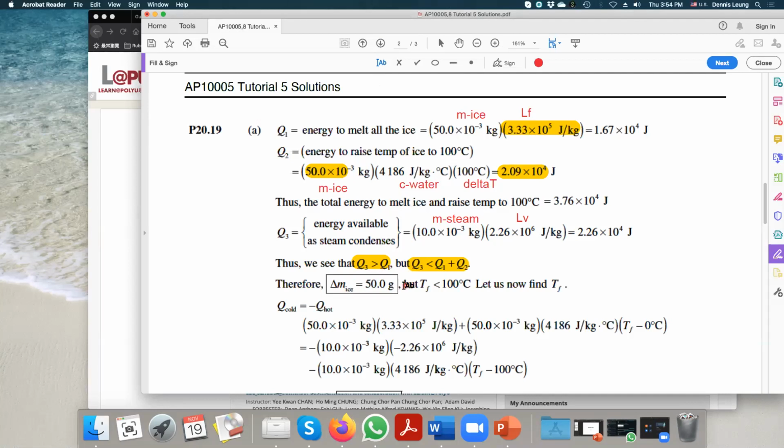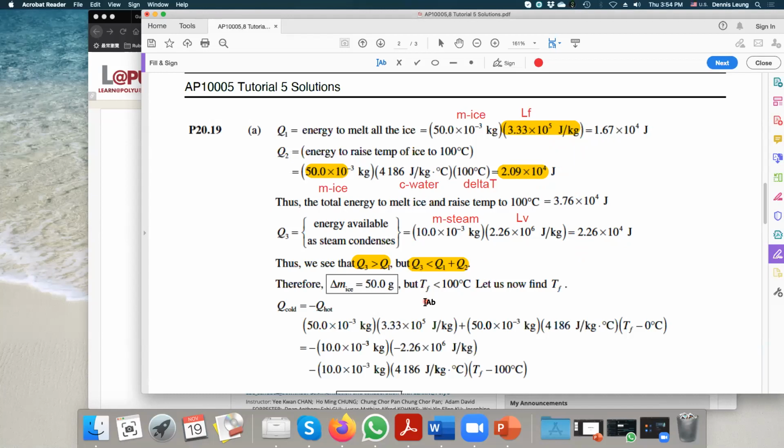But at the same time, the final temperature would be smaller than 100 degrees C, because after all the steam is condensed, it cannot heat up all the ice to melt it and bring it to 100 degrees C. The energy Q1 plus Q2 is larger than Q3.